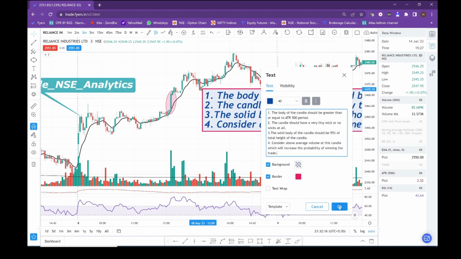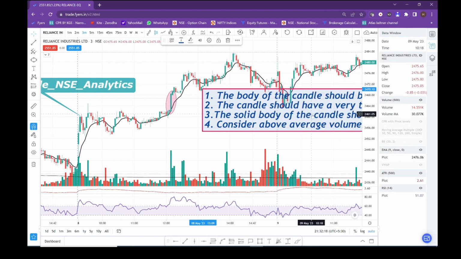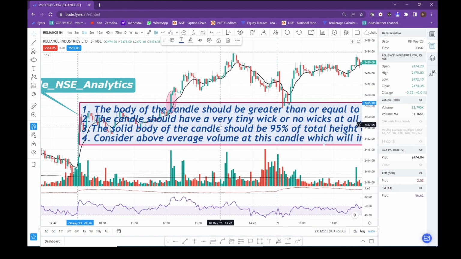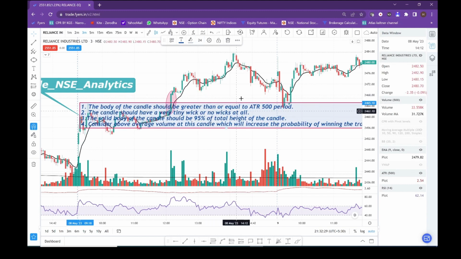Let me resize this one. Can bring to 24. Yeah, and let me wrap text.